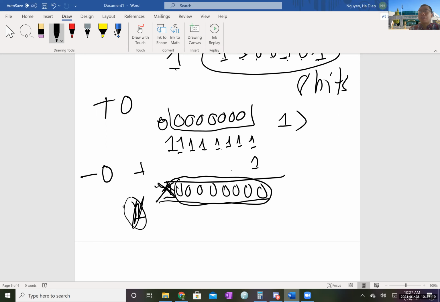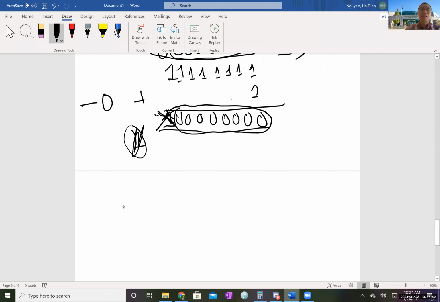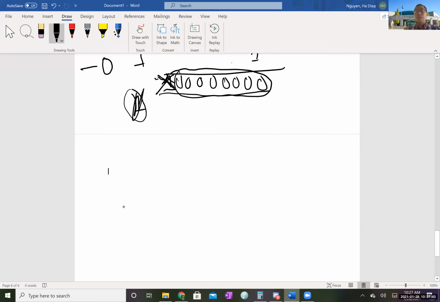See, the positive and negative, all of them are the same, all of them number 0. So by using the 2 complement, you are able to represent the number 0 in one way only. That's why computers normally use the 2 complement system. Okay, so that is everything about the integer representation.